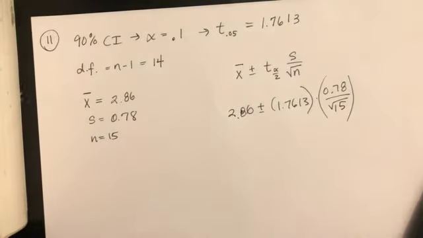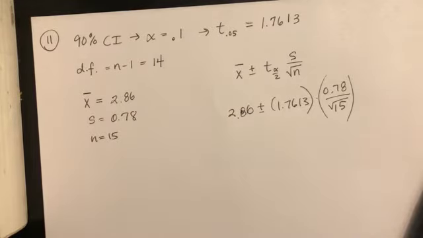So bust out the calculator and we figure out what that is. 0.78 divided by parentheses, square root of 15, close parentheses. That's 0.201.